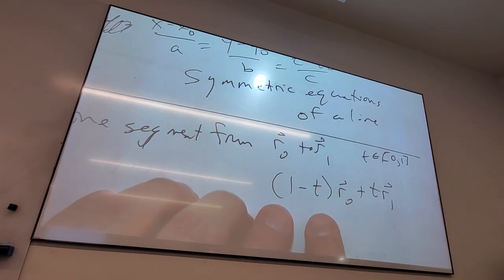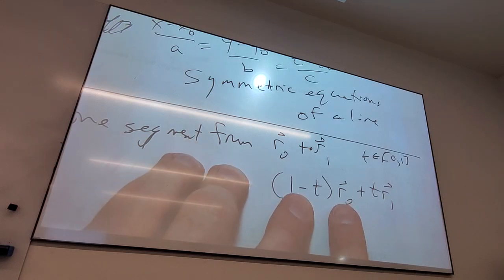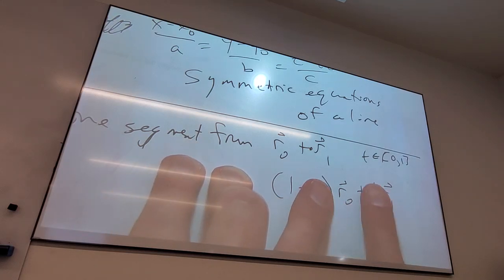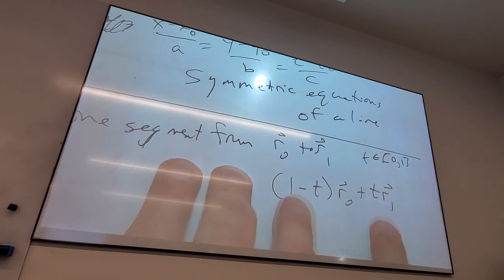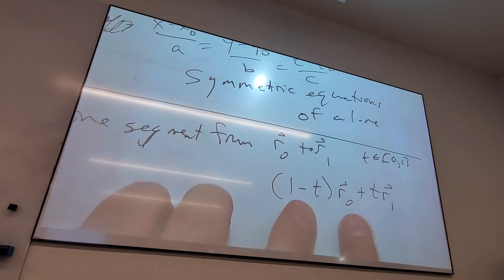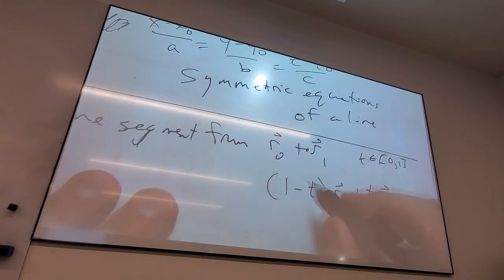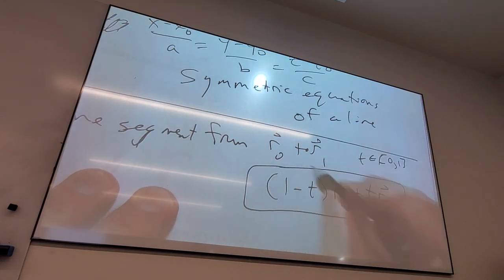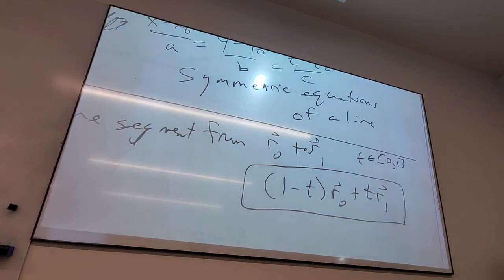If t is 0, this is just R naught. If t is 1, it's just R1. If t is something in between, you end up with something between those two. So you just get that piece of the line that starts at R0 and goes to R1. That might show up in a couple homework problems. It's not a huge deal, but you can just write that down and use it in those homework problems.